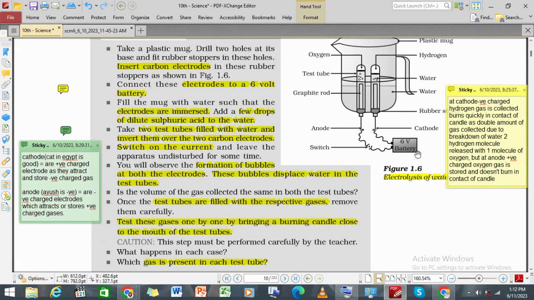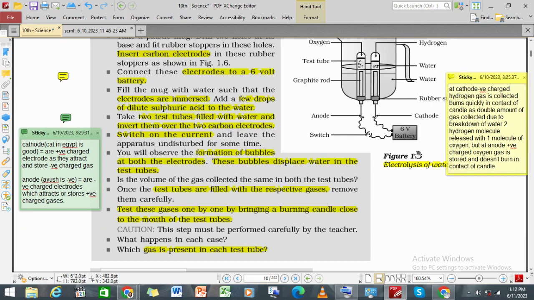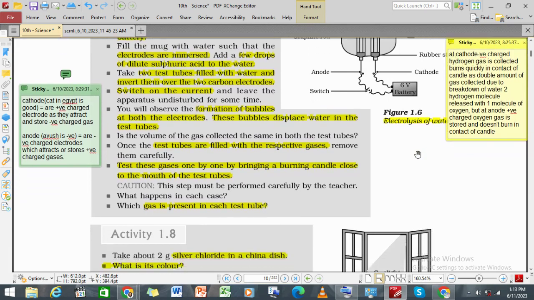Why? Because of the water. Water has hydrogen atoms in it, and the H plus ion will always get attracted towards the cathode. And the oxygen will be collected on the anode side.